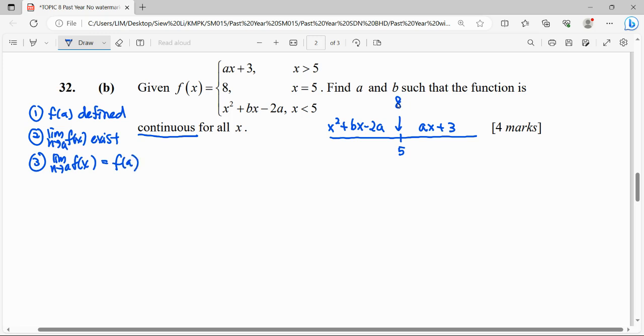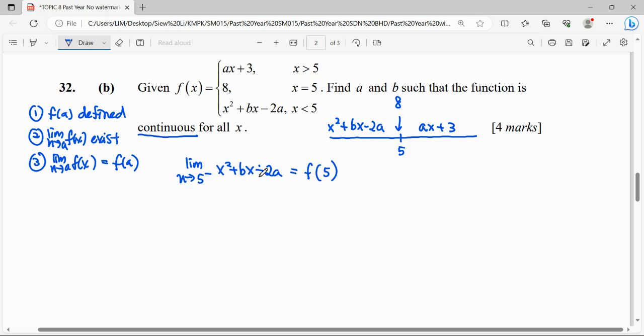So in this case, when this function is continuous for all x, we can find that the limit as x approaches 5 from the left-hand side, which is the function x squared plus bx minus 2a, must be equal to the coordinate of 5, which is 8.